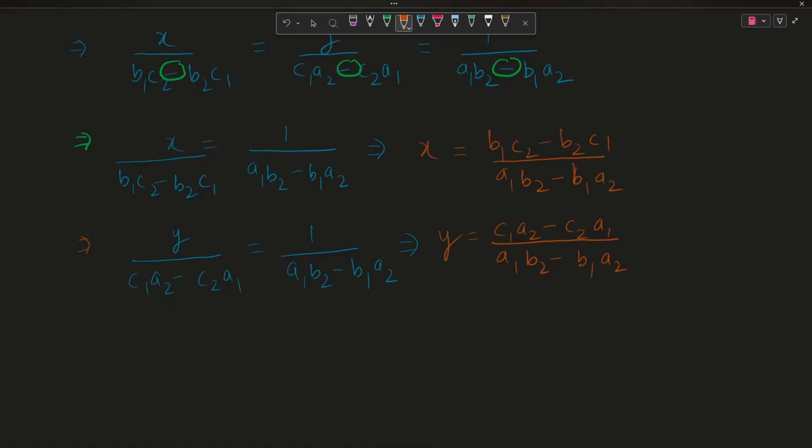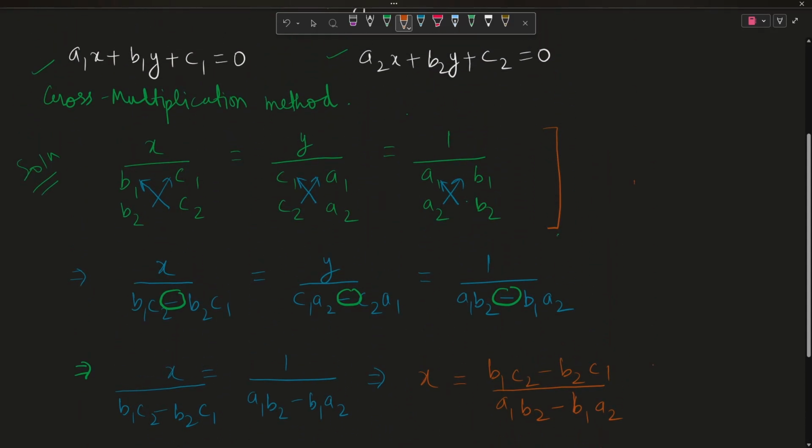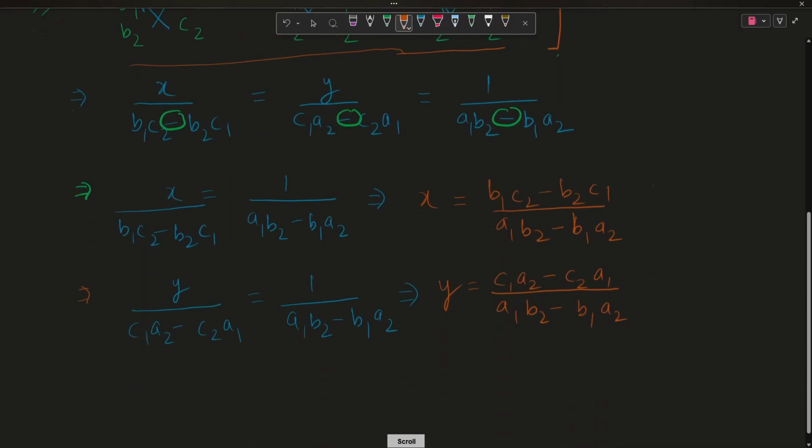Now, we will not learn these values. We will simply start by putting the values like this, then cross multiplying, taking the difference, and then solving the equation.